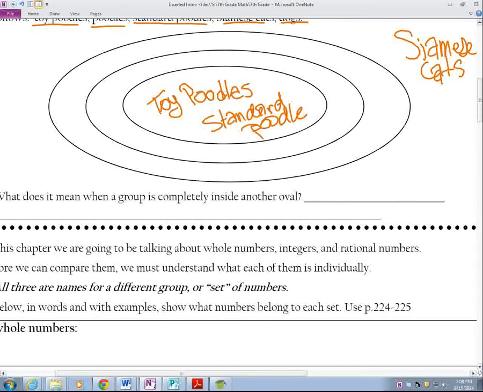Poodles. Because it's going to be in the outer circle of that. Put your knees in front, please. What's the next step outside of poodles? Yes, Max. Dogs.